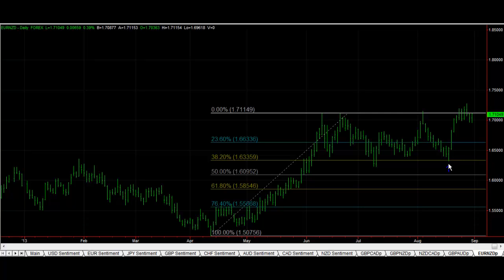In this case, some large orders came into the market and supported the euro against the New Zealand dollar at this level, and chances are the euro against other currency pairs would have overshot or undershot their values based on this level that was being supported in the cross.